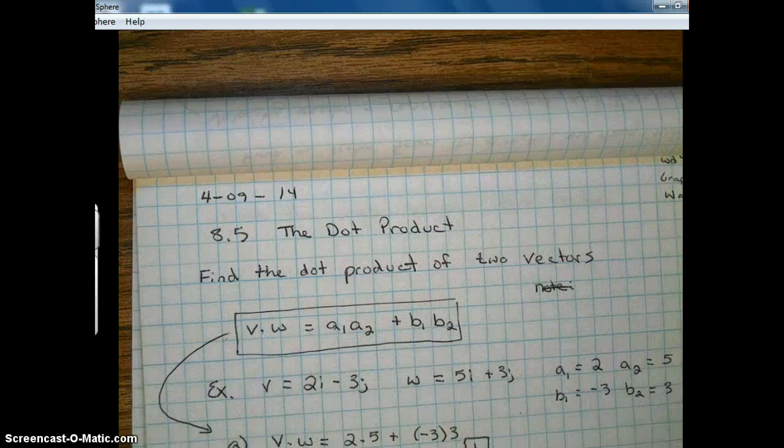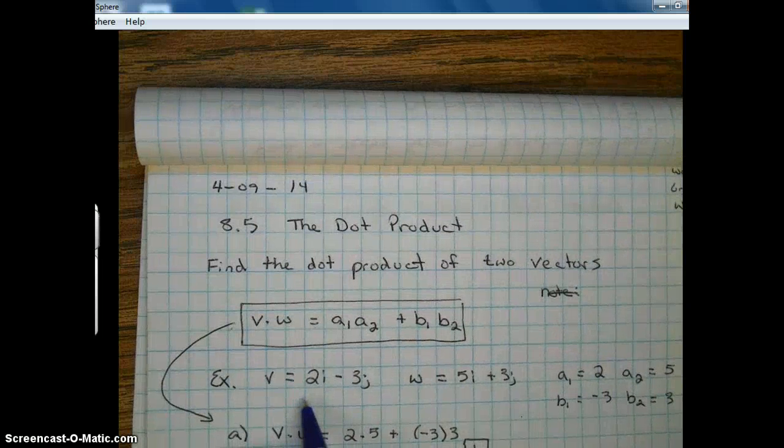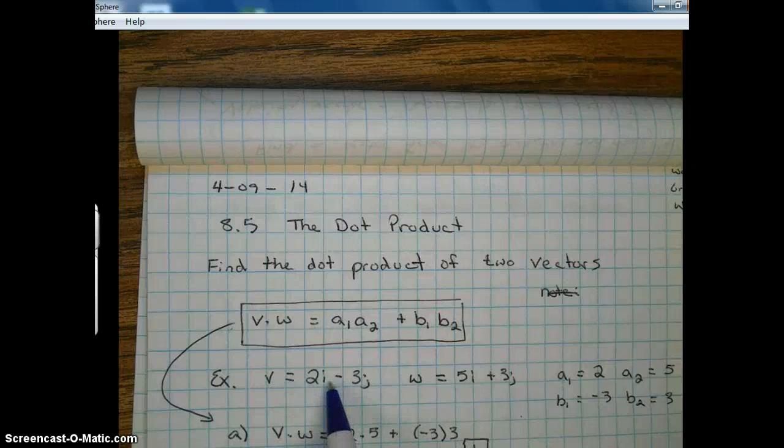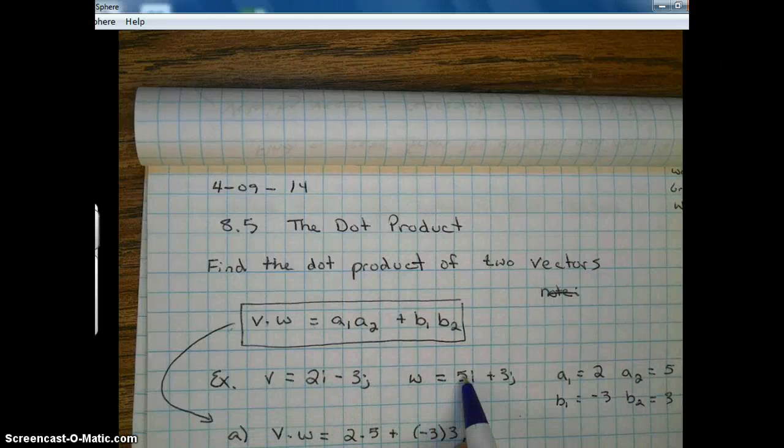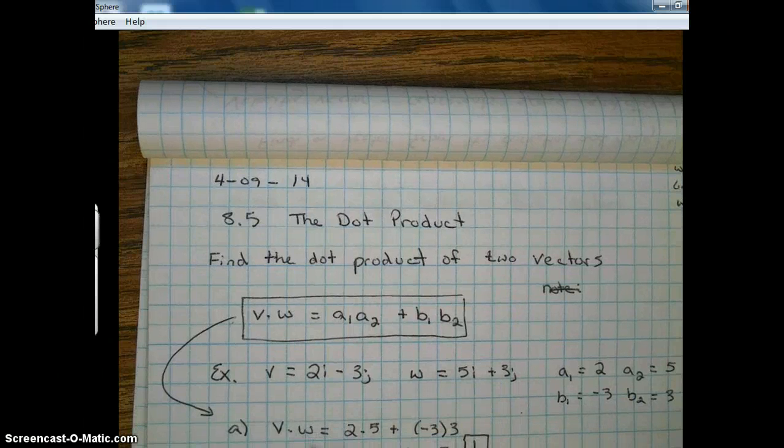All right, let's take a look at an example. Here we have vector v, 2i minus 3j, where 2 is a1. Well, it depends on the order, so let me back up for a minute. And vector w is 5i plus 3j. So if we're multiplying vector v times vector w, then vector v will have the a1, b1.